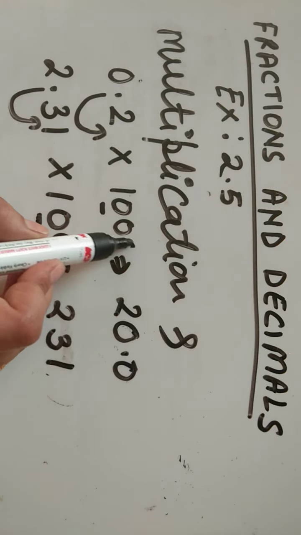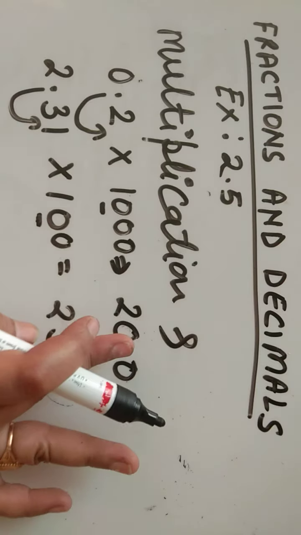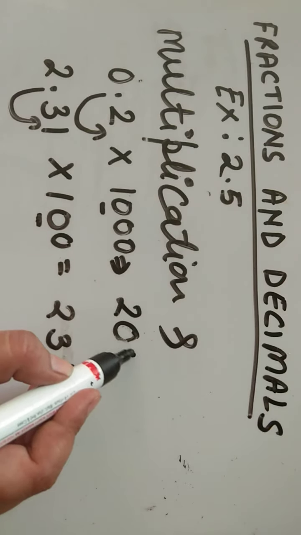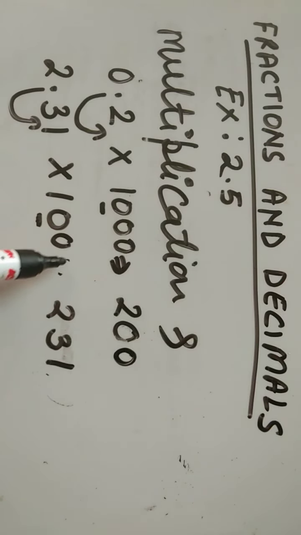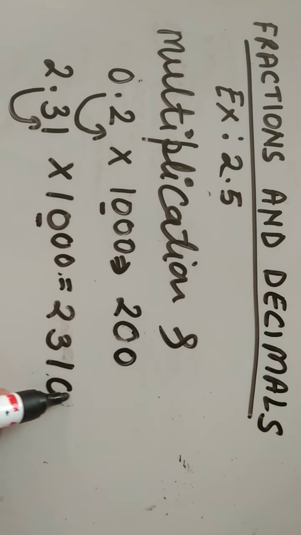Now if it is 1000, then for 0.2 it will be 200, and for 2.31, if it is 1000, it will be 2310. So this way we can get our answer without actual multiplication, just by shifting the decimal point.